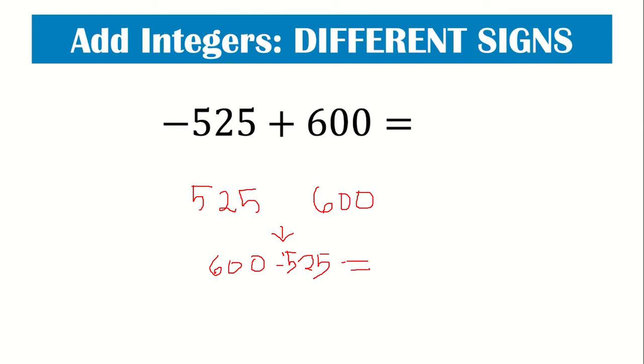So 600 minus 525 is 75. Now, based from the given, 525, 600, which one is greater? It is 600, right? So we follow the sign of the 600, which is originally positive. So that means the final answer is a positive 75.